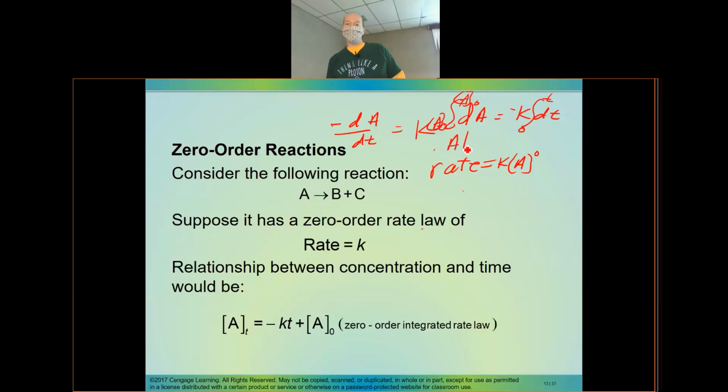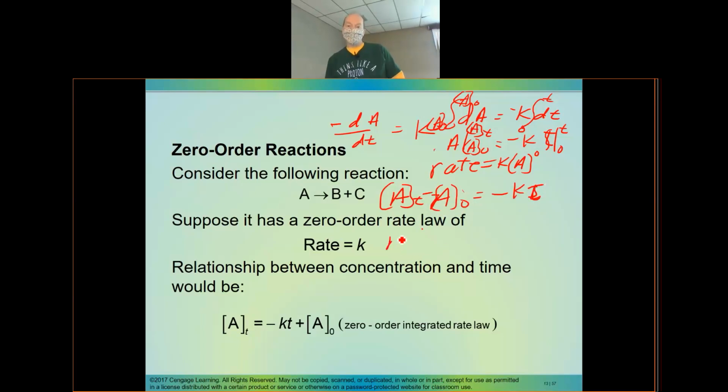So here is A from your initial concentration to your concentration at time t is equal to negative k, and again, you have your t from 0 to t. So you have concentration of A at time t minus concentration of A initial is equal to negative kt.